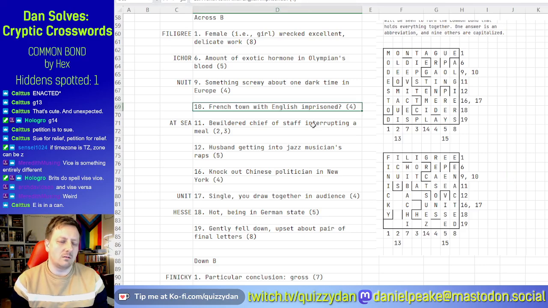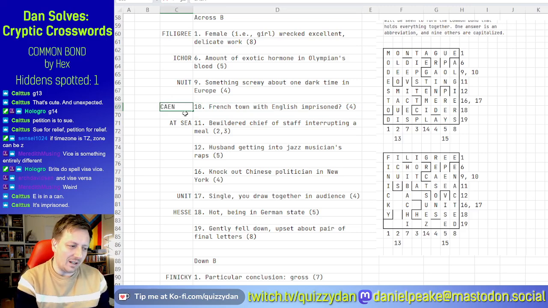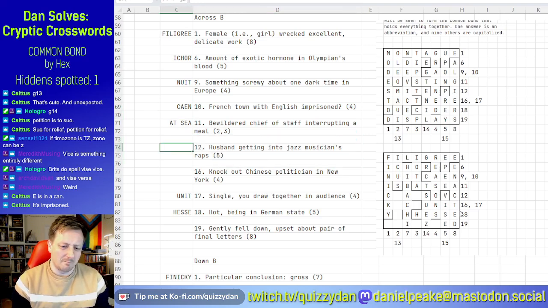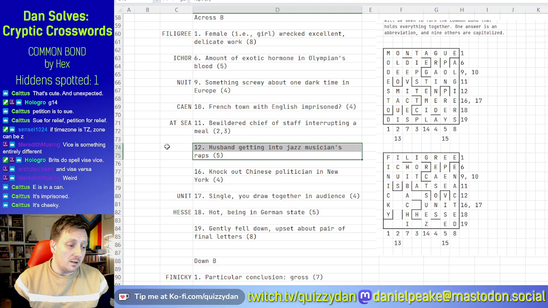Oh, it's a semi-&lit then, isn't it? E is imprisoned in a prison, which is a can. But I feel like something's missing there. But it does work. Anyway, there we go. Car is the name of the thing. Yeah, to be fair, given some of the cheeky stuff I do in clues, this is fine.